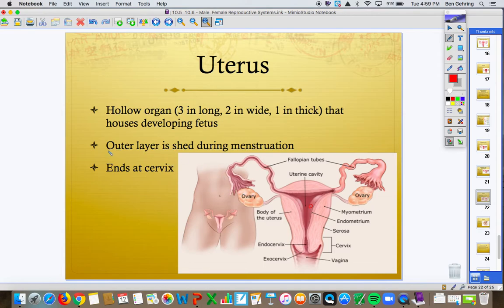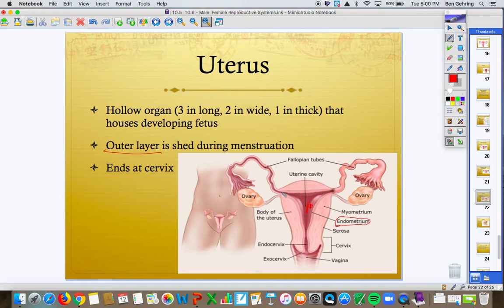The outer layer, outer being towards the middle. So in this case, your endometrium is your layer here on the inside, which is the outer portion, and is shed during menstruation. So if you don't have a zygote implant on the wall of your uterus, it will shed this layer, and that is what is expelled during the menstrual period.